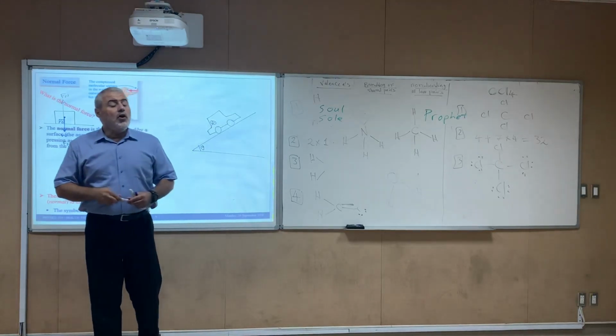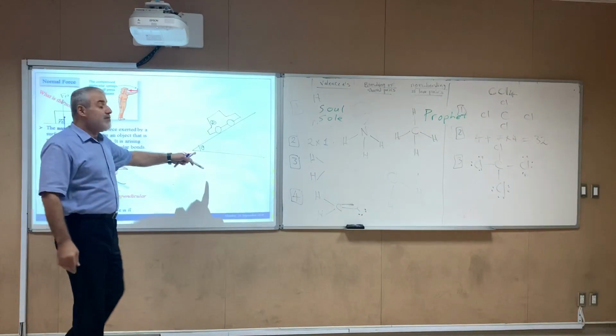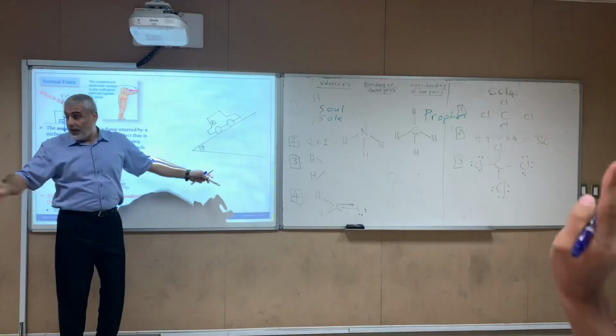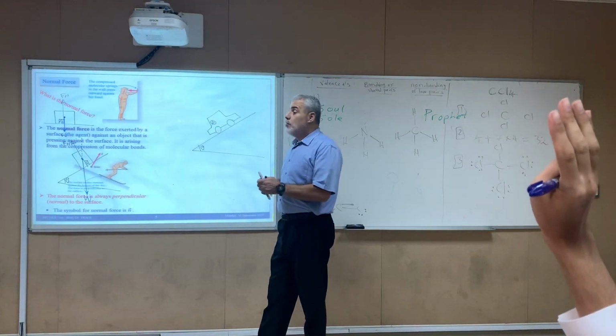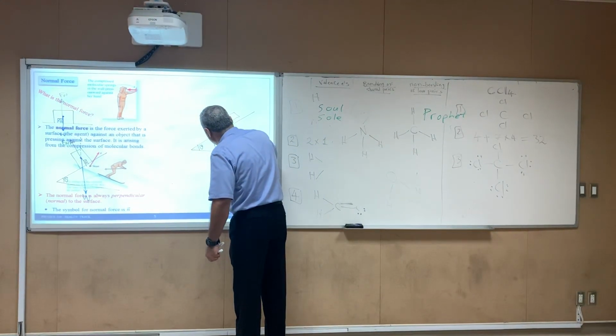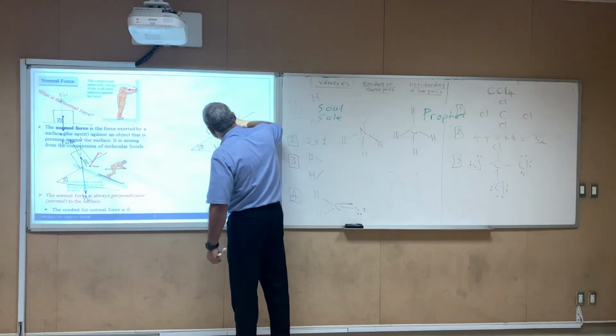We need to draw all the forces acting on the car. I think this question came last year. Which forces are acting on the car in this case? Weight. Let me draw it for you. This is weight. Agree about this? Normal force. It's normal to the surface.